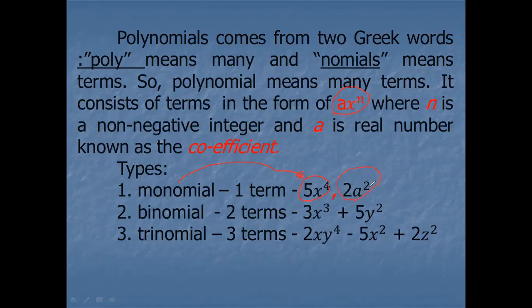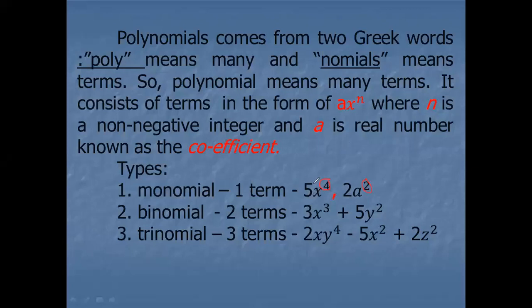Power can also mean the degree, but we will discuss degree later. One qualification is that n should be a non-negative integer, so the power should be positive. And a is a real number.